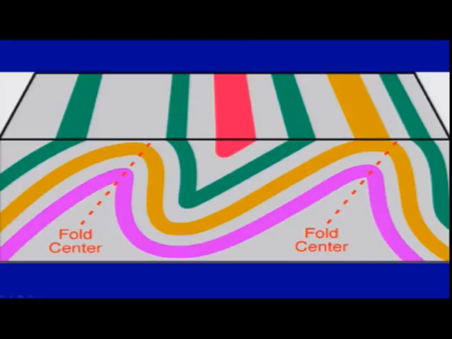Now, in nature, as I was saying, everything will not be so clear. Sometimes you come across only bits that you can see on the surface. But how do you identify whether these are part of folded beds or just vertical beds?